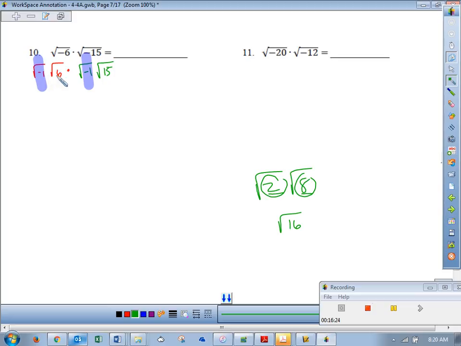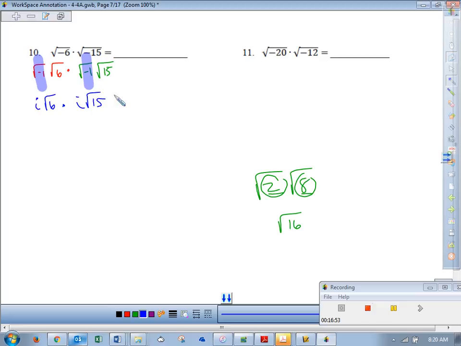It's not 1. Is it negative 1? Is it i? Or is it i squared? The square root of negative 1 is i. It's the basic imaginary number that we have. So this is really i square root of 6 times, isn't this guy also i right here? i square root of 15.